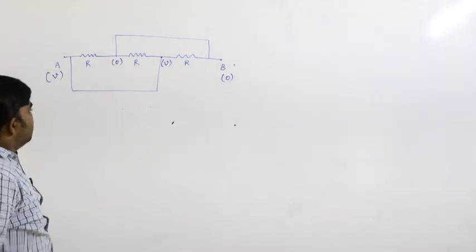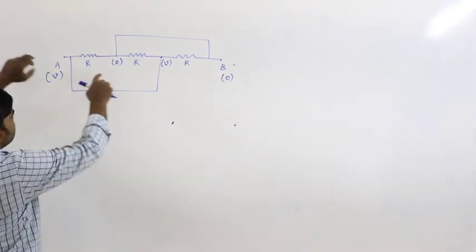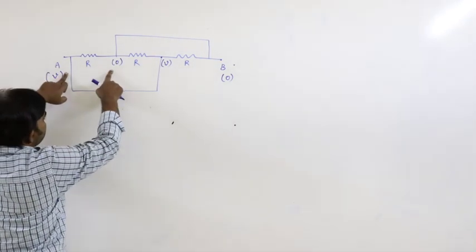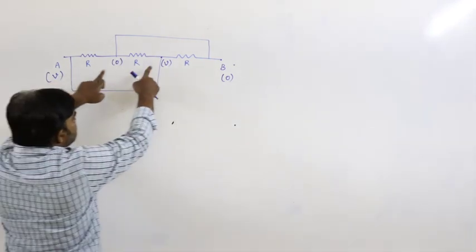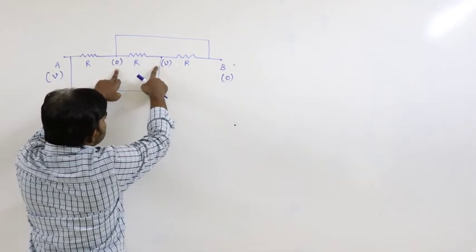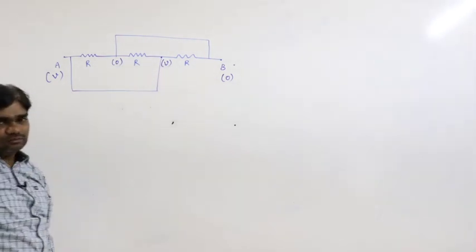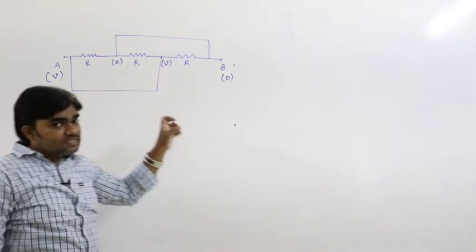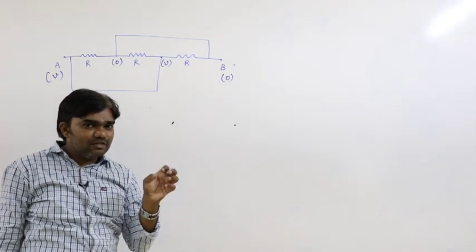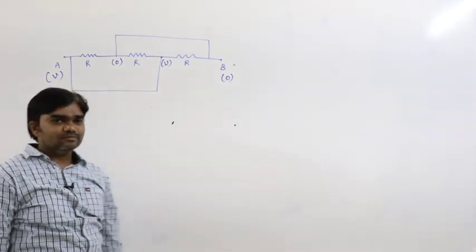Now, based on this potential method, this resistance lies between V and 0, and this resistance also lies between V and 0, and this resistance also lies between V and 0. Three resistances lie between the same potentials.